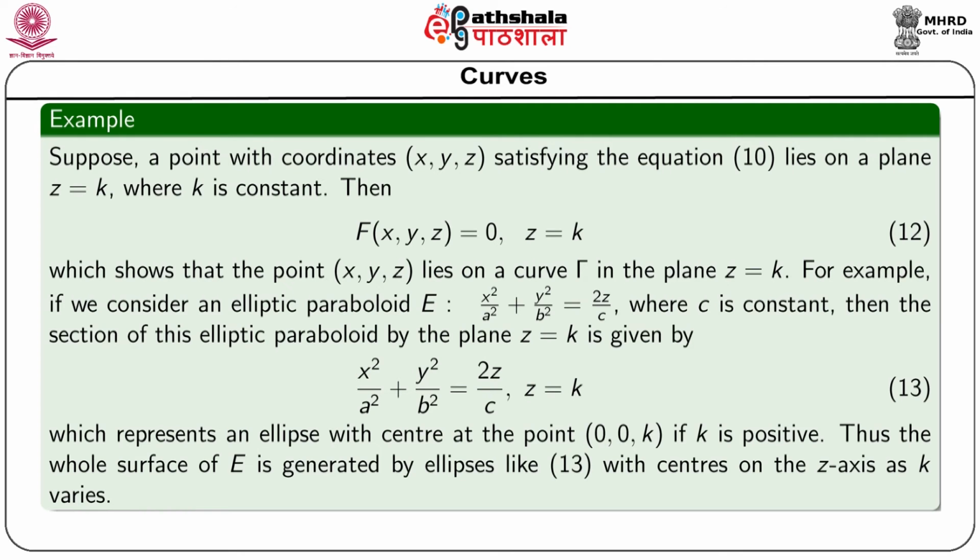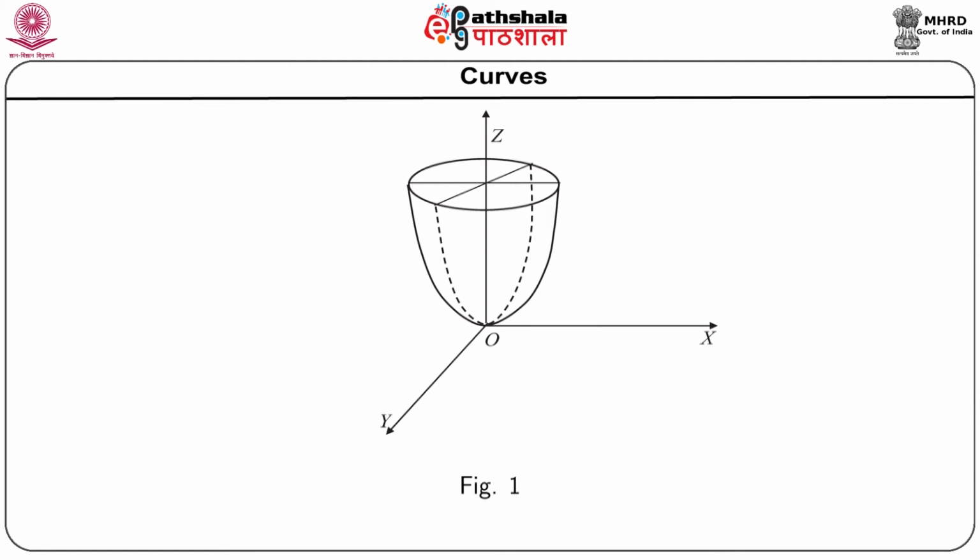Then, consider the section of the elliptic paraboloid by the plane z equals k. This is the surface, the elliptic paraboloid. Now, let us cut this surface by the plane z equals k, then that will give an ellipse.